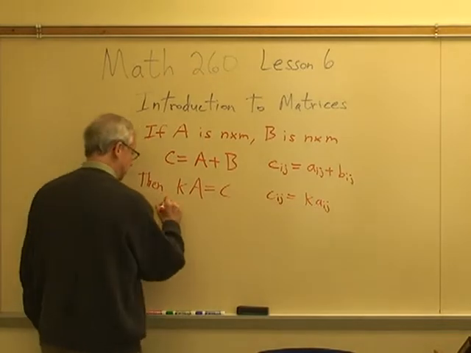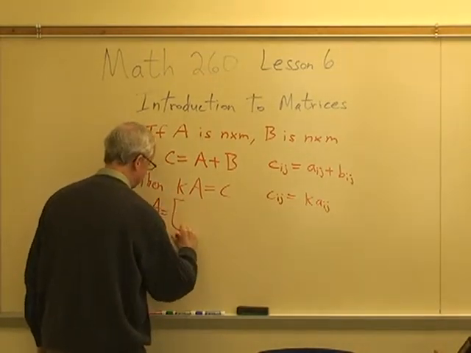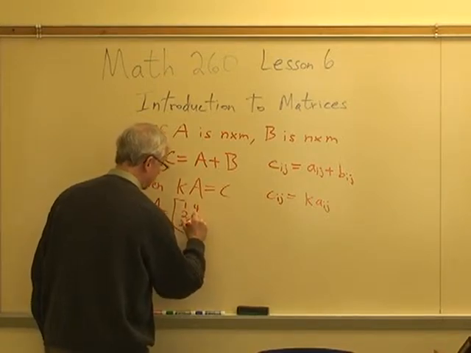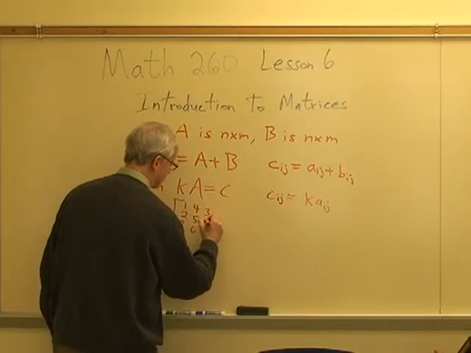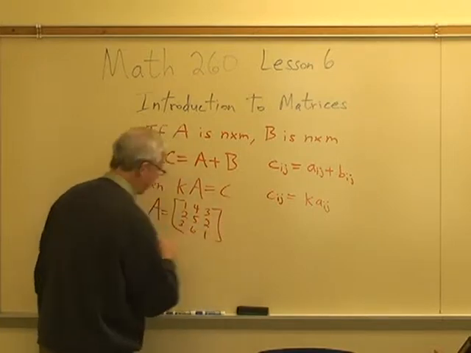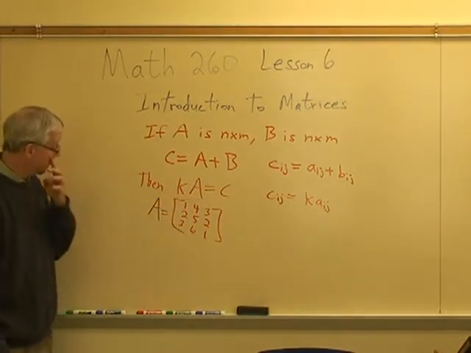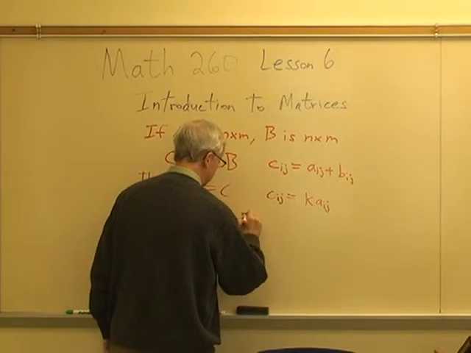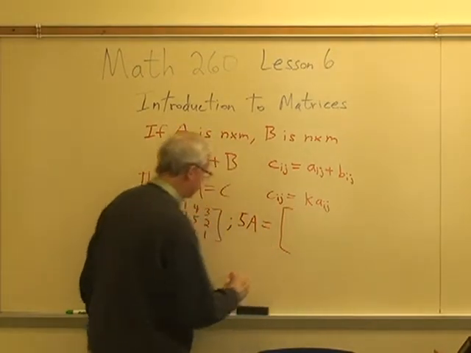So, for example, that's my matrix A with columns 1, 2, 3, 4, 5, 6, 3, 2, 1, and I multiply it by 5. I simply multiply every element by 5.